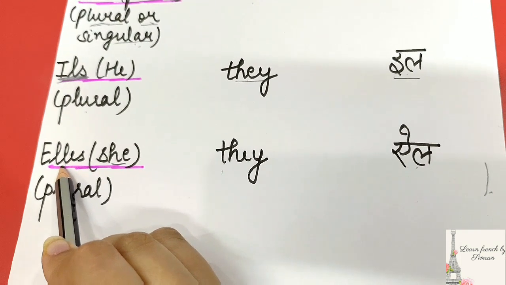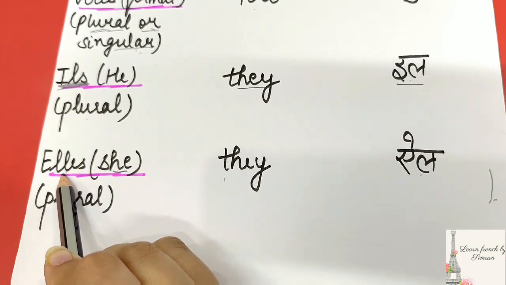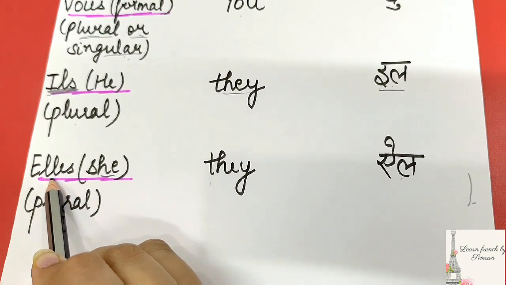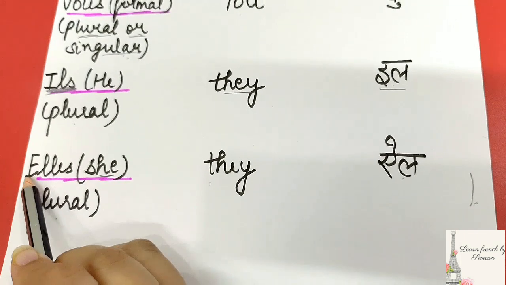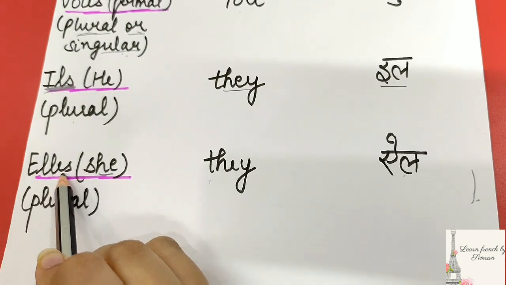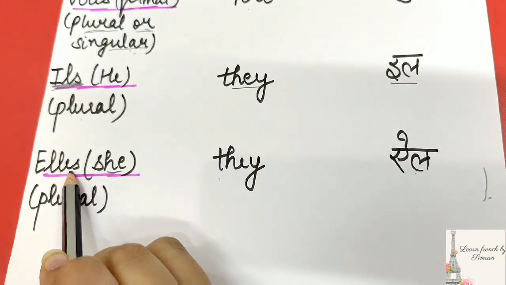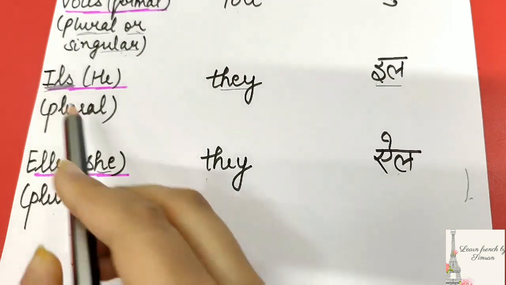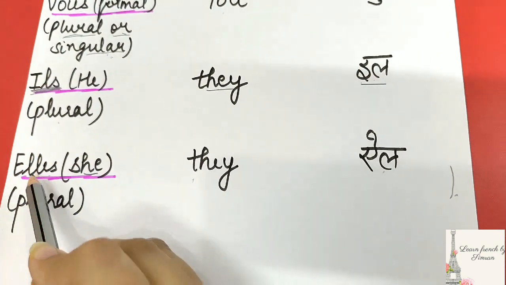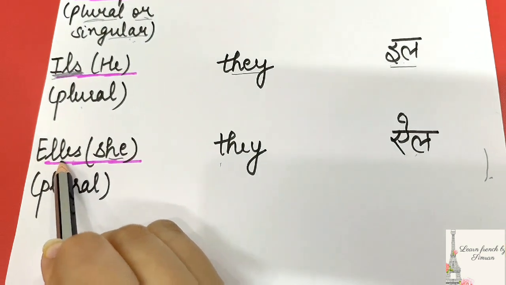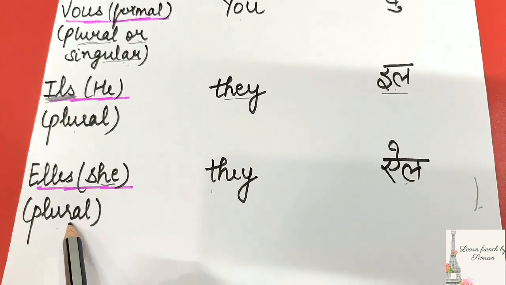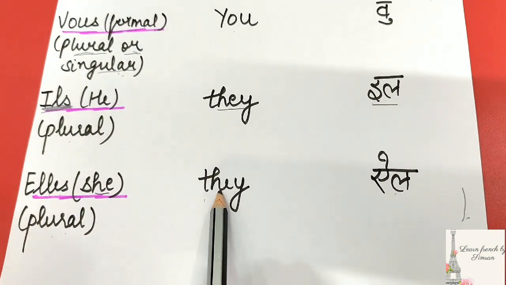Suppose there is a group of 4 or 5 people and all the group members are females, then only you can use "elles." If there is one group member who is male, in that situation you will not use "elles." If all the members of the group are females, you will use "elles" only. And this is plural, it means they.